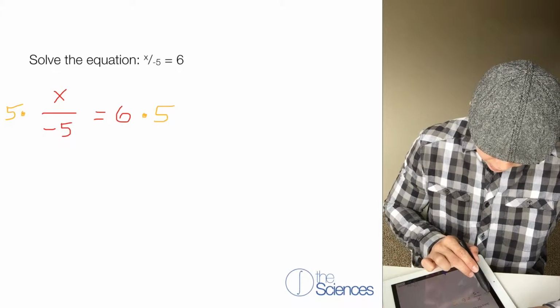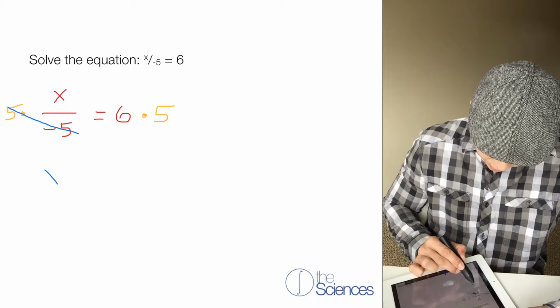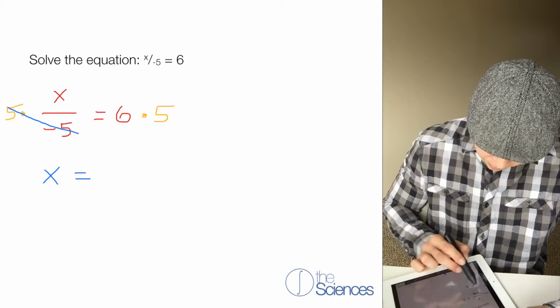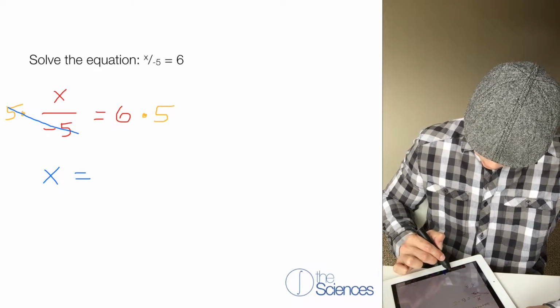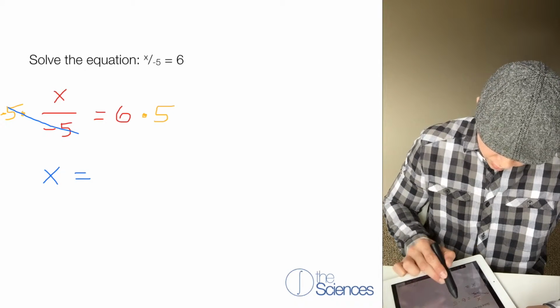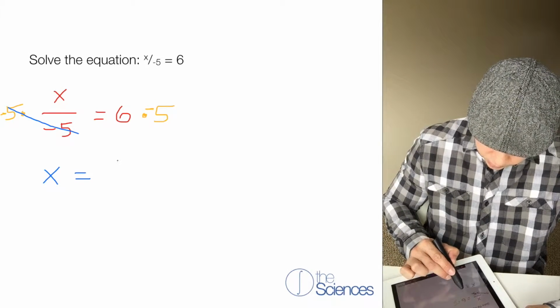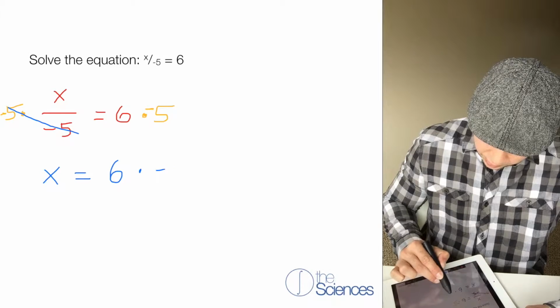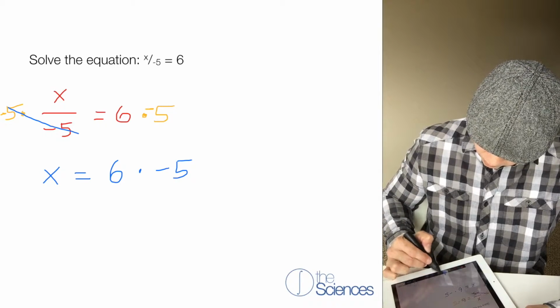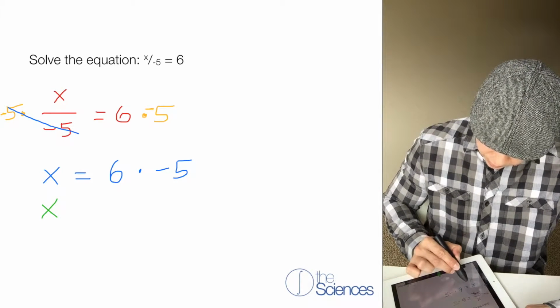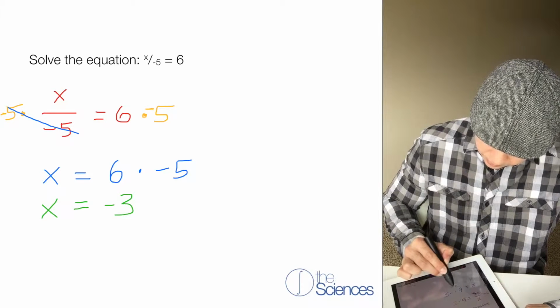So now we can cross these out, and we have x equals, put a negative here and a negative here. So now we have x equals 6 times negative 5. So x equals negative 30.